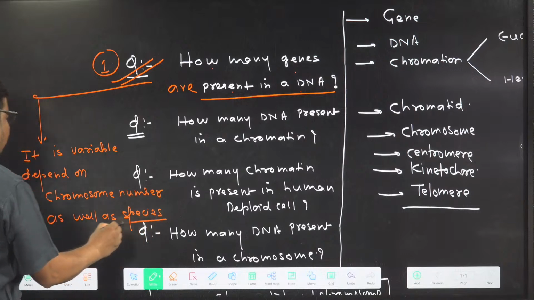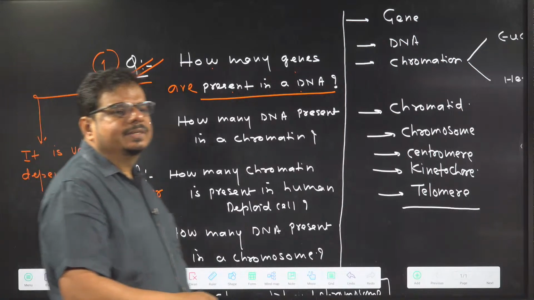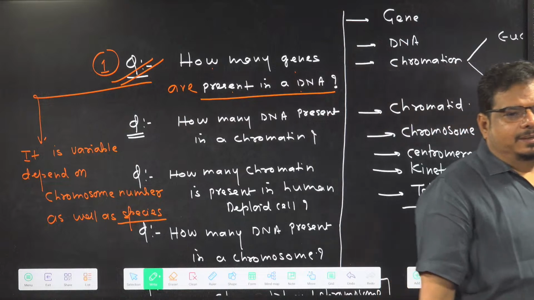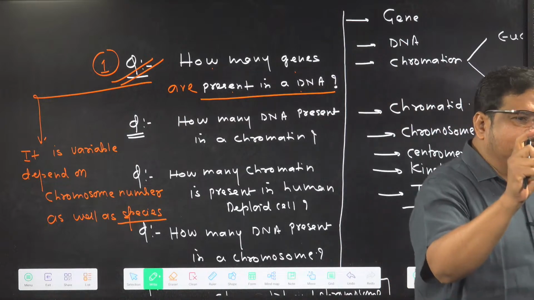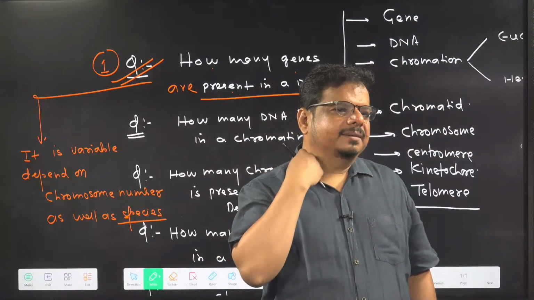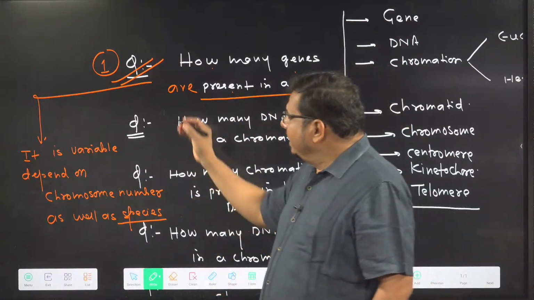It is the first chromosome or second chromosome of which species. So one student told differ from organism to organism. It is also correct up to a certain level. I will decode it in much more detail.